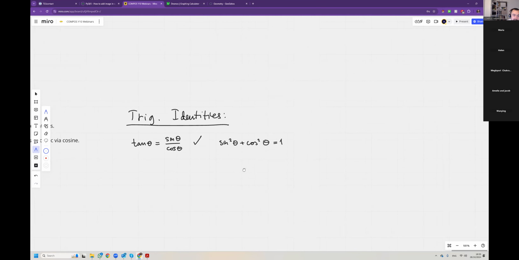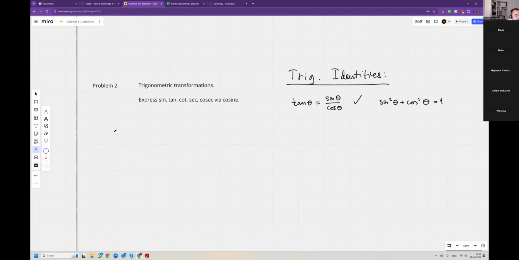Let's prove this one. Sine squared theta plus cos squared theta is always equal to 1. This is called the main trig identity.